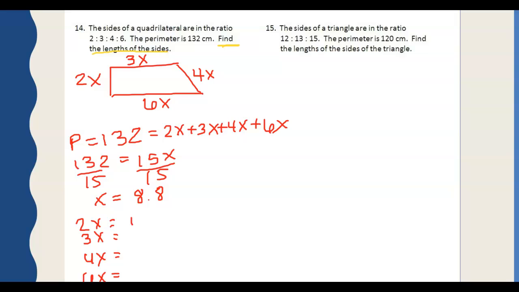So 8.8 times 2 is 17.6. 8.8 times 3 is 26.4. 8.8 times 4 is 35.2. And 8.8 times 6 is 52.8.